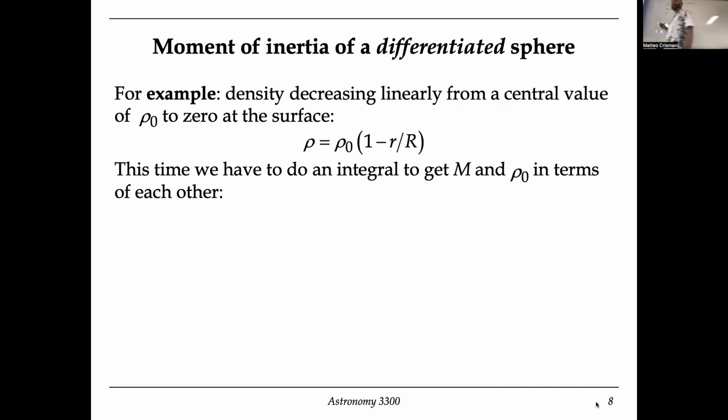Ah, the new thing that we did. Okay. So it's rho naught times 1 minus little r over big R, times dV. And in radial components, that first chunk times r squared sine theta dr d theta d phi. Very good, right?